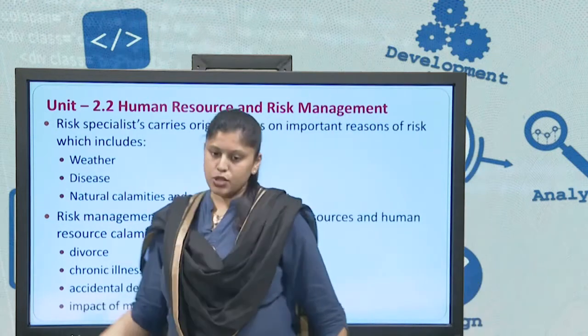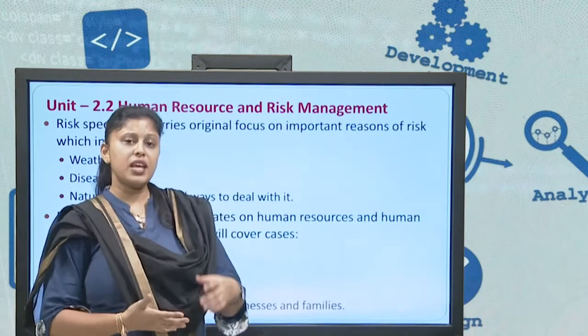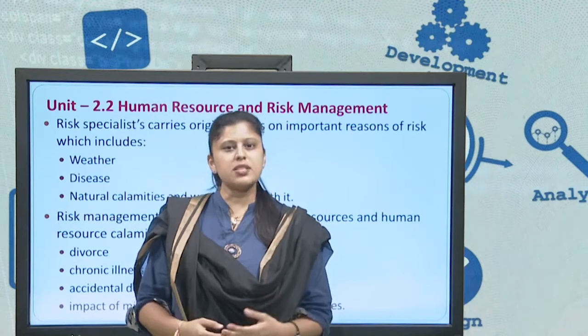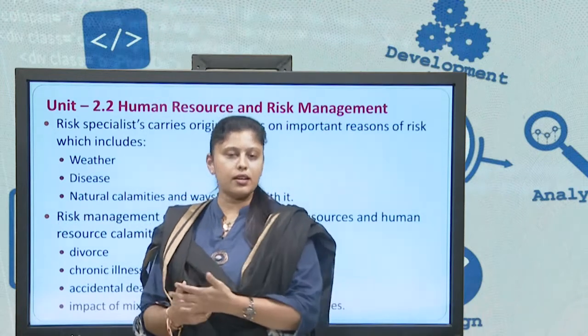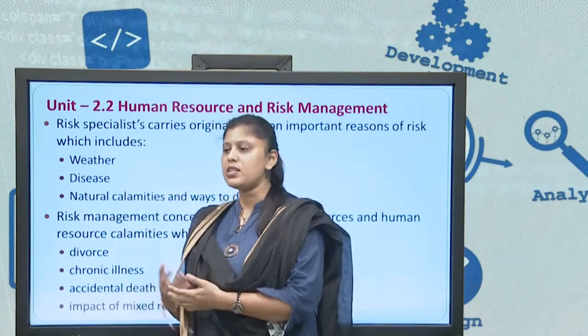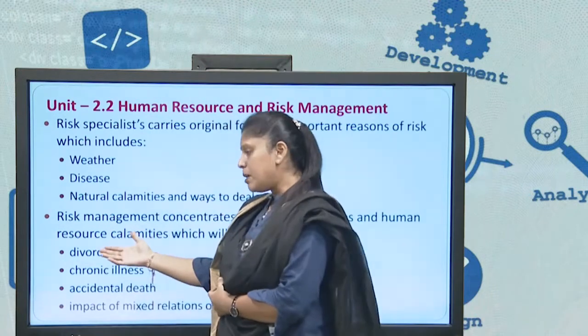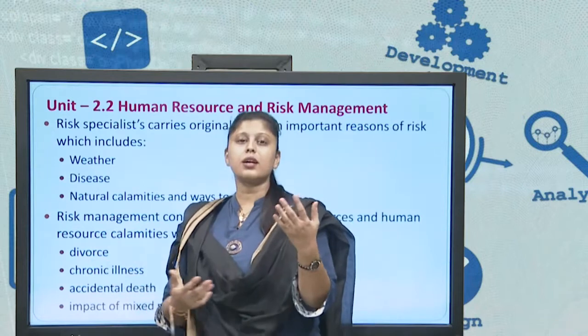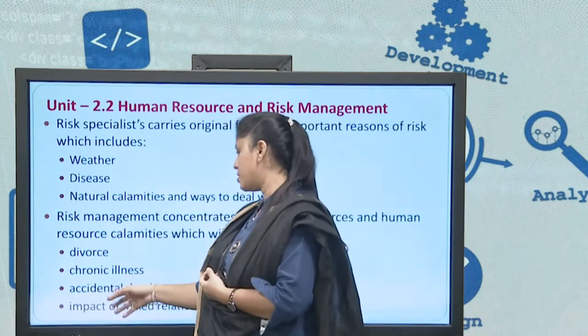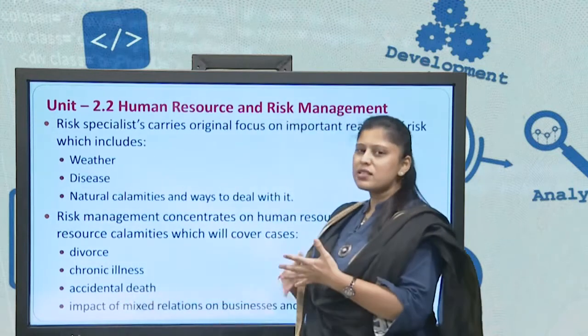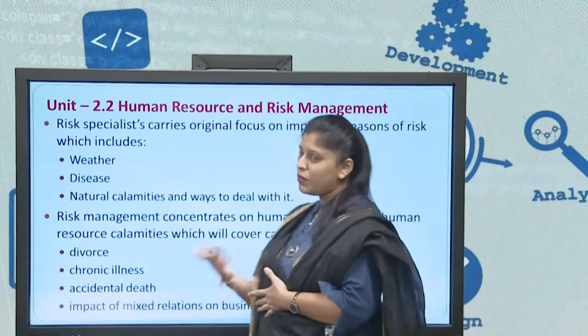It says that human resource always should be able to understand their employee. Now an employee might be suffering with certain chronic illness, certain illness which comes frequently, or might be mentally disturbed with family issues like divorce, certain accidental death, or maybe certain impact of mixed relations in the family or with the business.